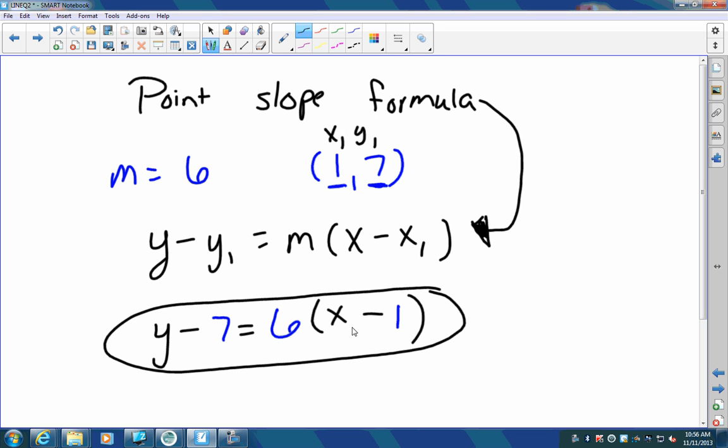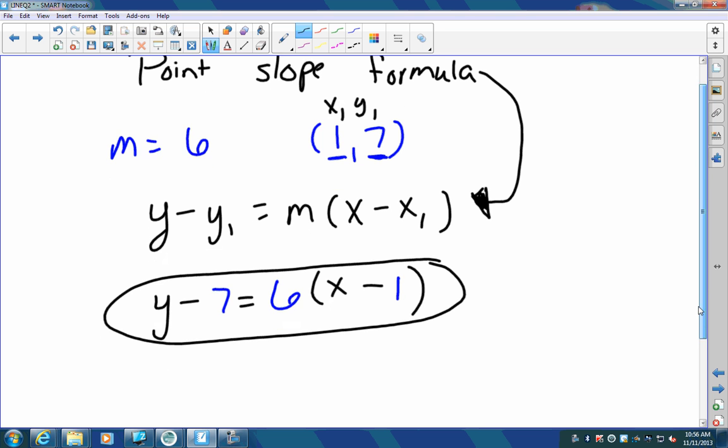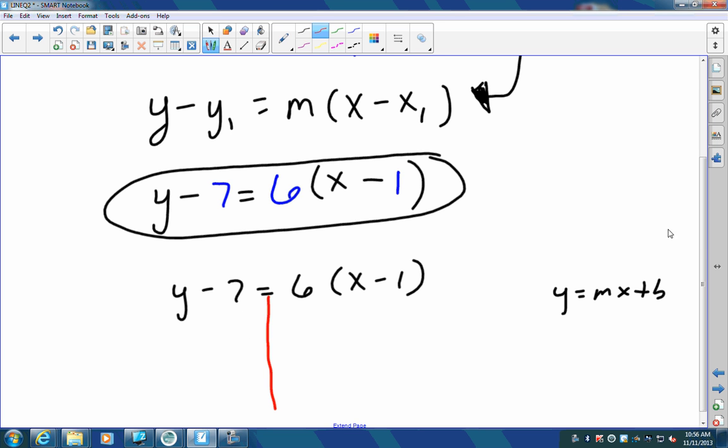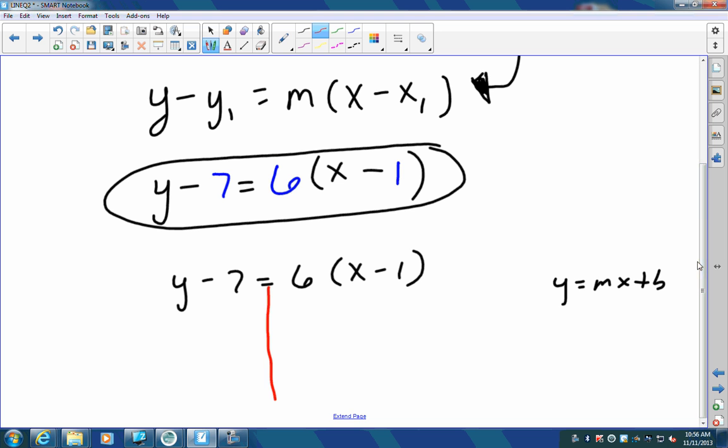How this can help me is I can take this now and I can rewrite it so that it is in slope-intercept form. So I have y minus 7 equals 6 times x minus 1. So I want to write it so it's y equals mx plus b. How do we do that? I'm going to draw my line from my equal sign. First thing you do in solving equations, the parentheses.